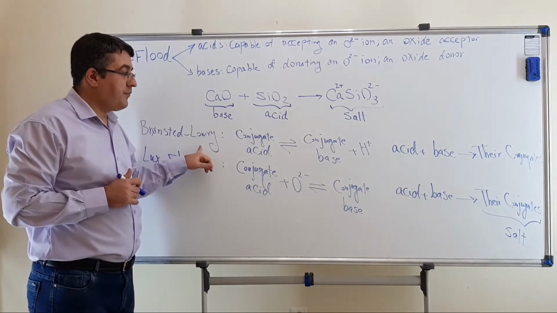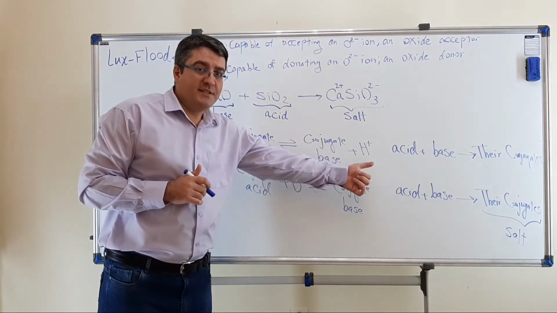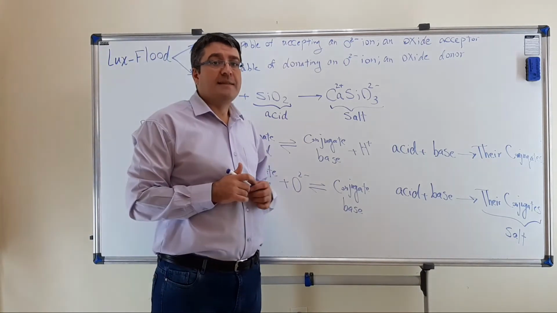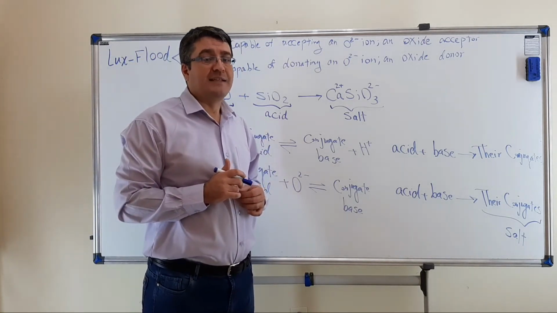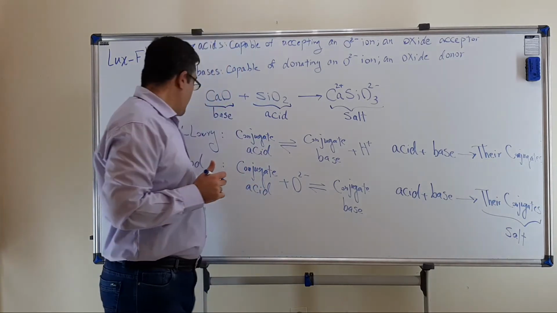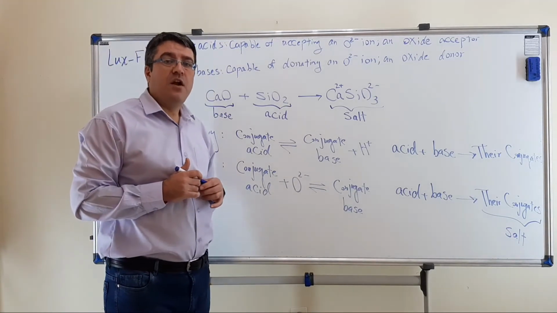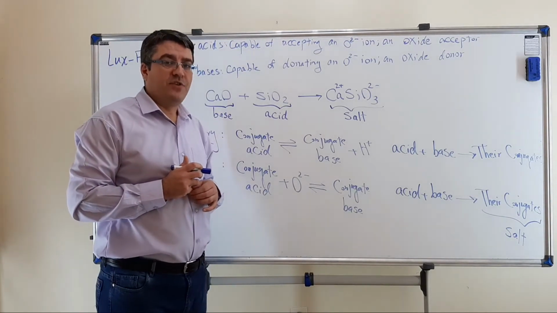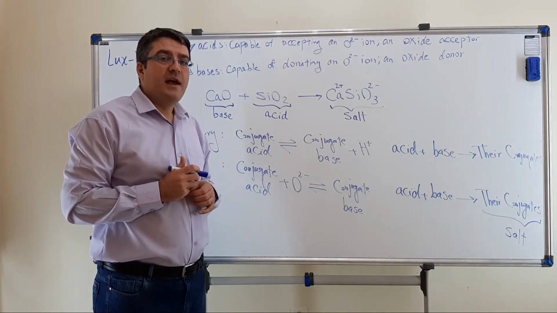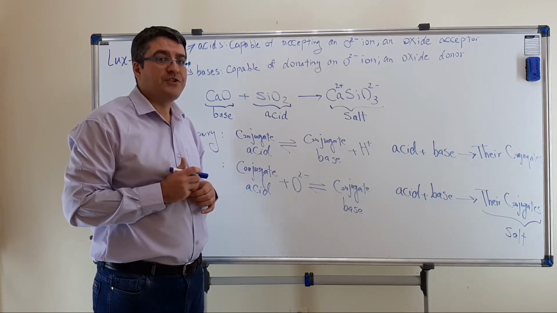Brønsted-Lowry deals with transfer of H+ and emphasizes proton as the principal species in acid-base reactions, while Lux-Flood acid-base theory deals with transfer of O2- in acid-base reactions and emphasizes O2- as the principal species in acid-base reactions.